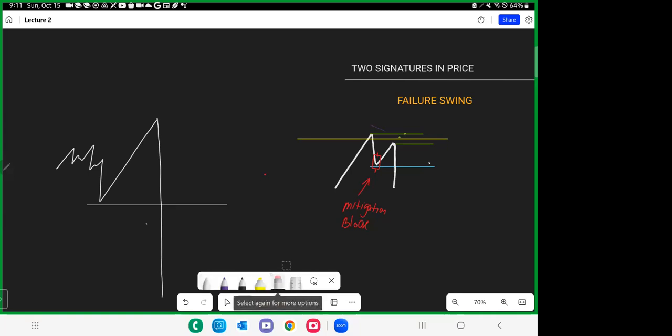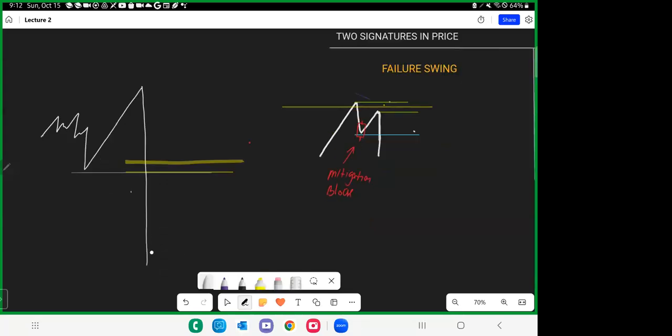So obviously this area, that area of fair value, we're going to say there's an inefficiency within this area also. When we think about our pricing sequence, we're seeing engineer, neutralize, distribute. So we're thinking rebalance, redistribute.